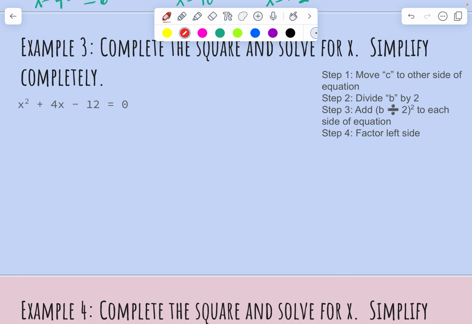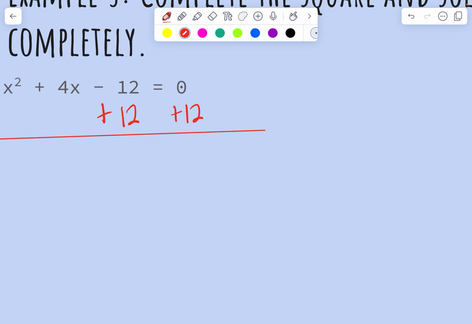All right, this one, let's get rid of the 12. So plus 12, and then we end up with x squared plus 4x equals 12.